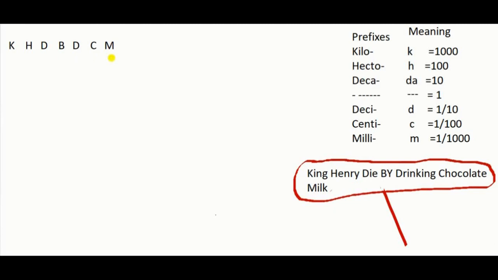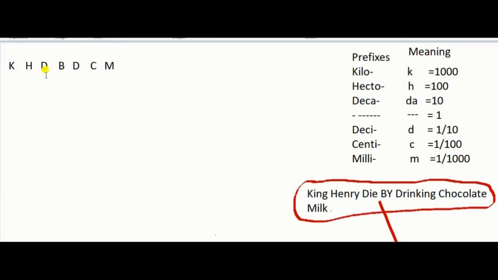However, in real life, we know that the K represents kilo, H represents hecto, D stands for deca, B stands for base, D stands for deci, C stands for centi, M stands for milli. However, we are going to use King Henry died by drinking chocolate milk so that we can remember these letters and where they should go.